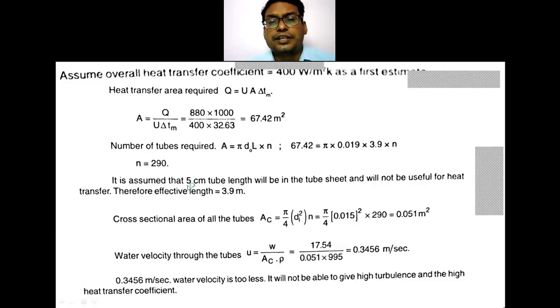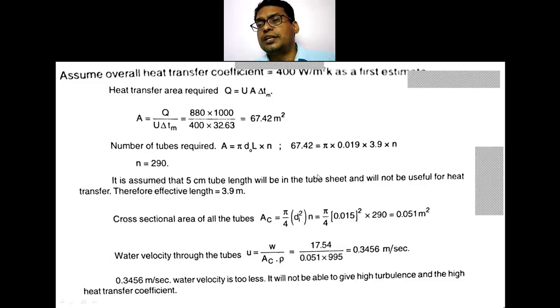So it is assumed that the 5 centimeter tube length will be in the tube sheet and will not be useful for the heat transfer. Therefore, the effective length of the tube comes as 3.9 meter. It is already mentioned that the 4 meter tube lengths are used.